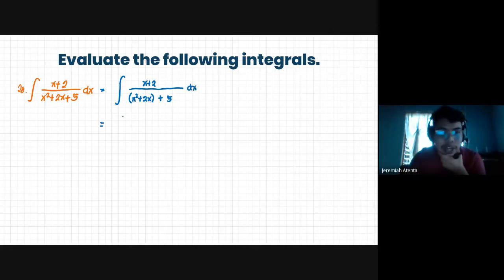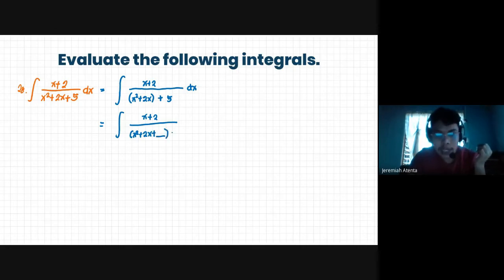Now, completing the square, you will have x plus 2. X plus 2 talaga to? Tama. X plus 2. Tingnan natin. Anyway, this is x squared plus 2x plus something here. Since you are adding, you will subtract something here, right? Then we have plus 5.